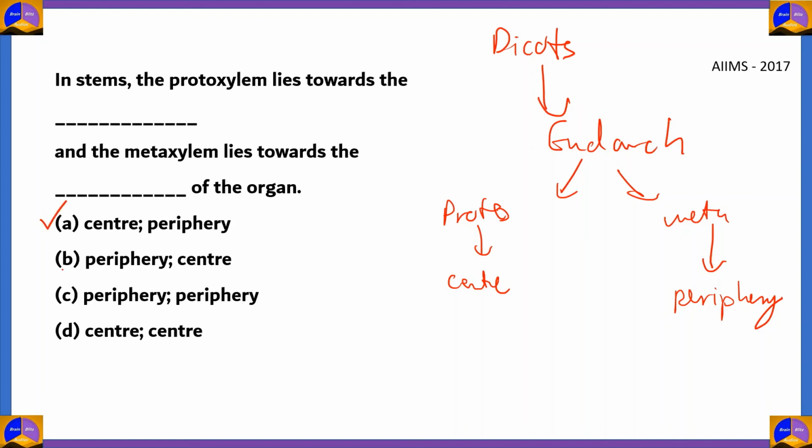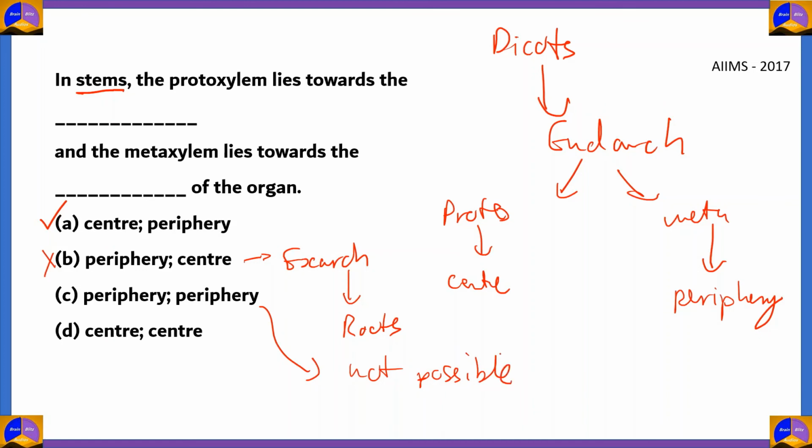Let's look at each of the other options. Option B, periphery and center. This deals with exarch, and exarch is found in the roots and not the stems. Here the question is about stems. So option B is incorrect. Option C, periphery, periphery. This is not possible because basically you're trying to grow your secondary xylem over the primary xylem, which makes it extremely unlikely.